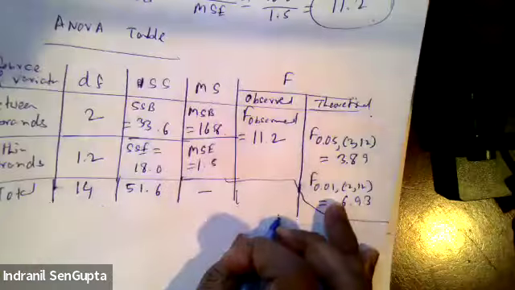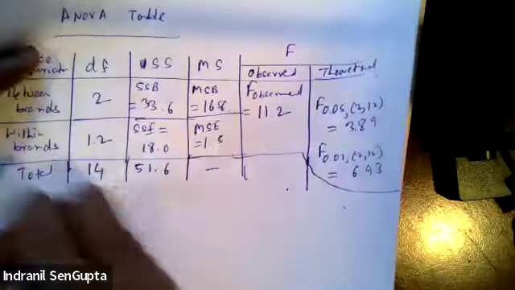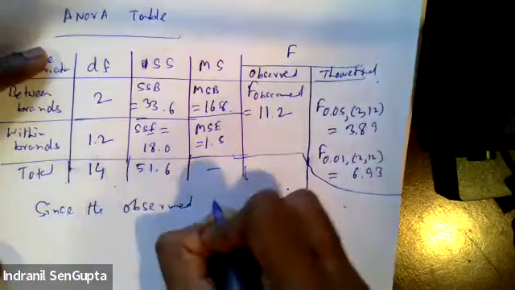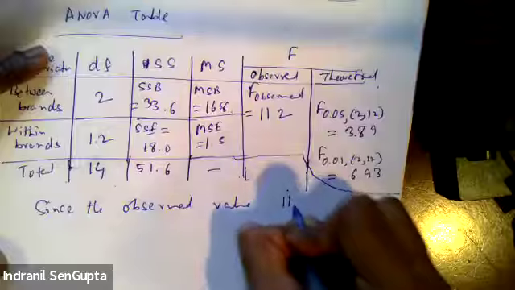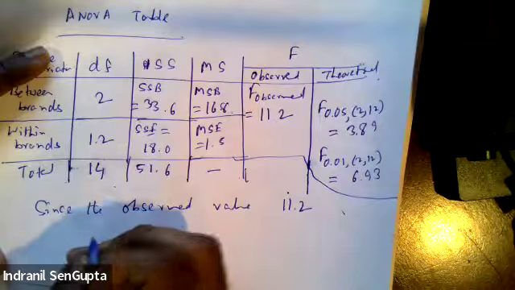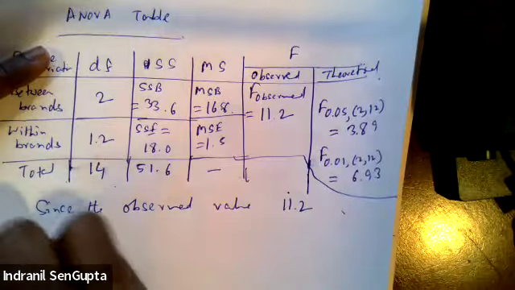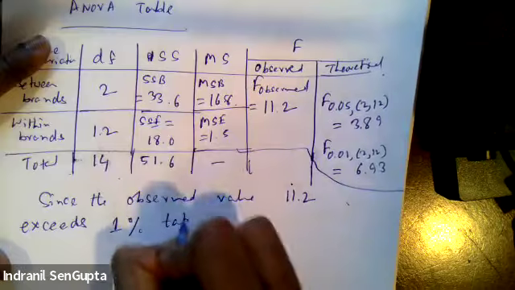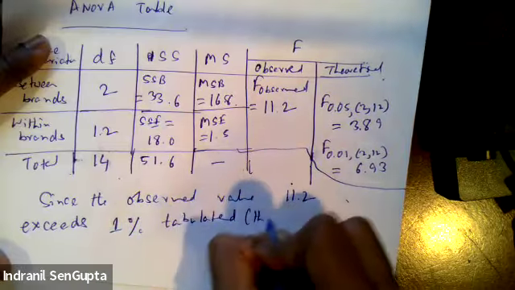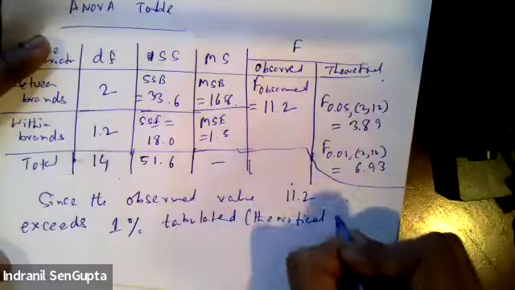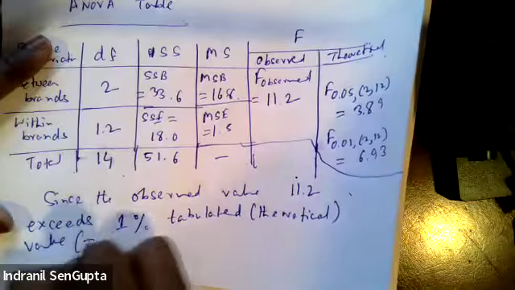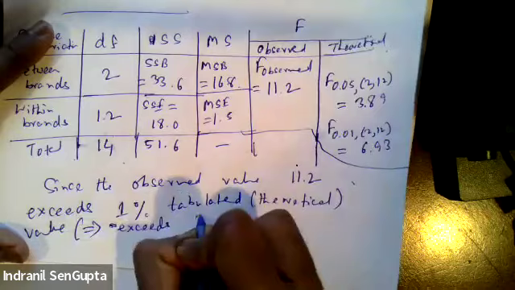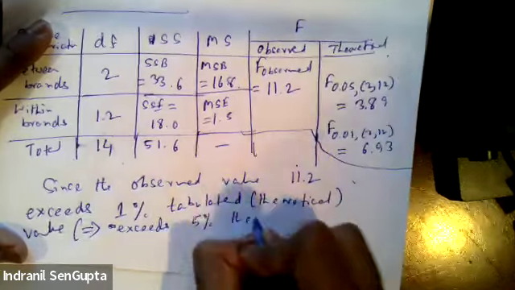Okay. Now, since the observed value, which is 11.2, exceeds the 1% tabulated value, that is the theoretical, and in effect, this exceeds the 5% theoretical value.